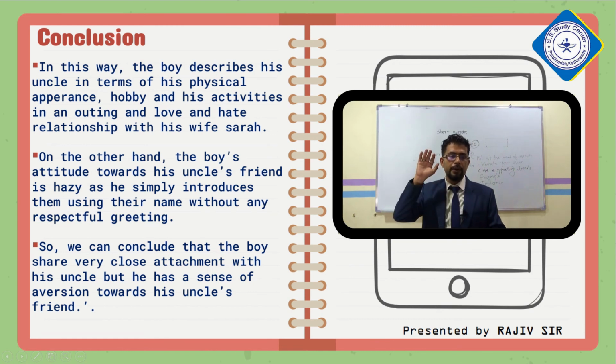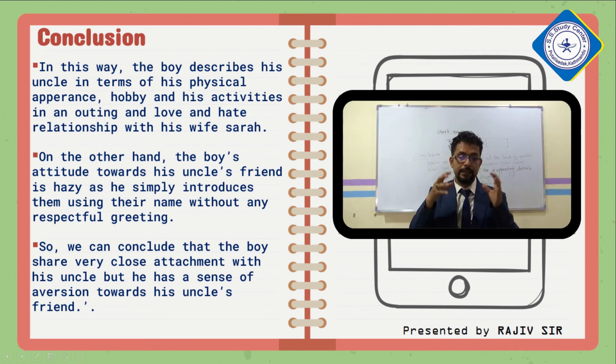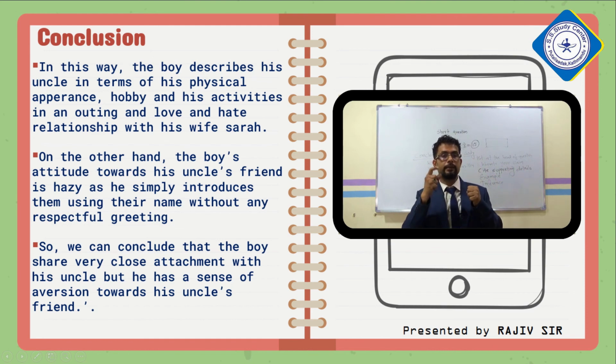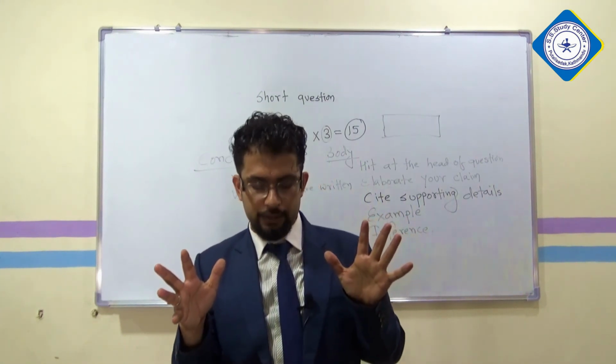So we can conclude that the boy shares a very close attachment with his uncle, but he has a sense of aversion, a sense of hatred, towards his uncle's friend. Now, did you understand how to write this short answer?